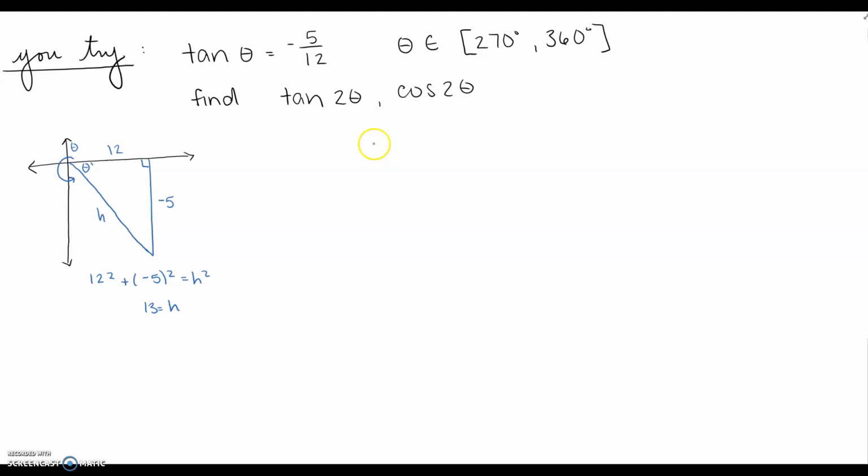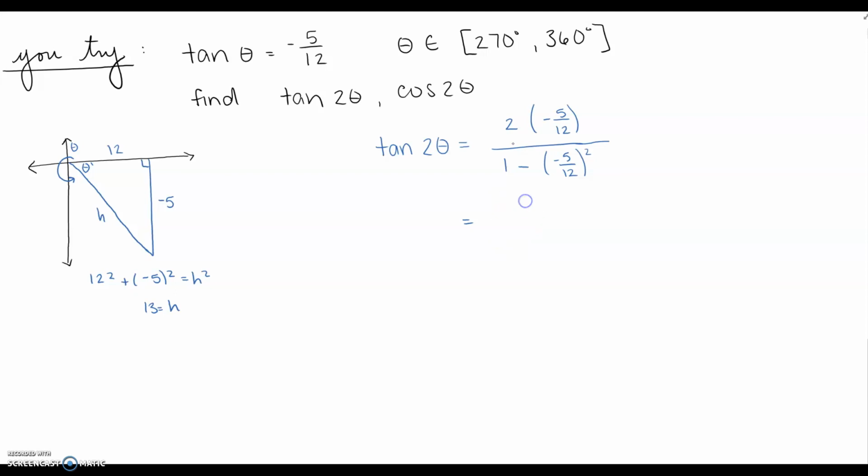So for tangent of 2 theta, using my identity, it's going to be 2 times tangent of theta, which is negative 5/12, divided by 1 minus negative 5/12 squared. So simplifying, 2 times negative 5 is negative 10/12, or we could reduce that.